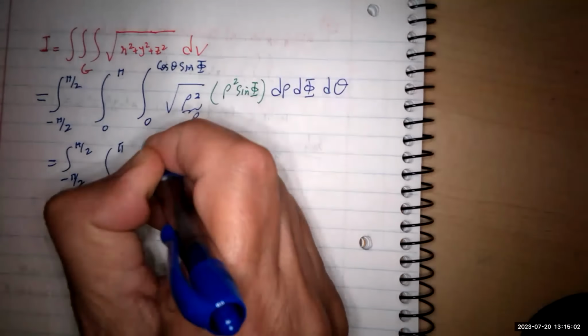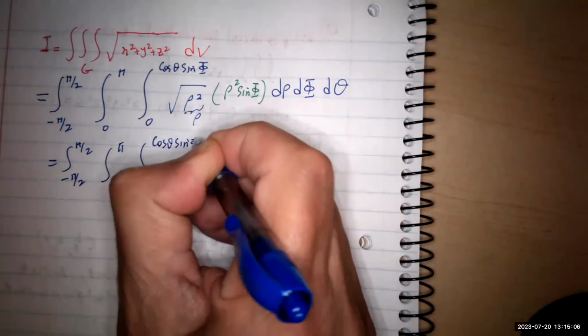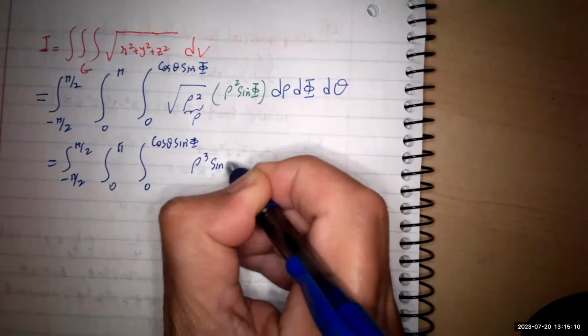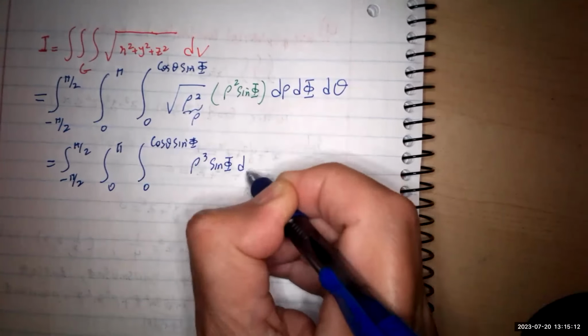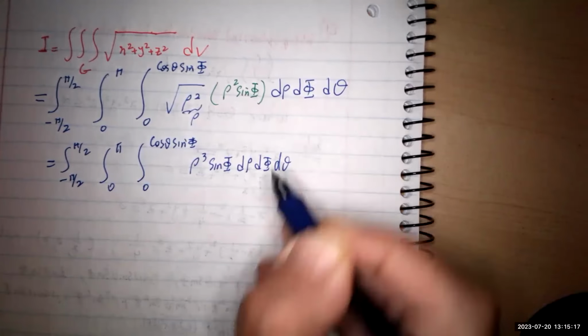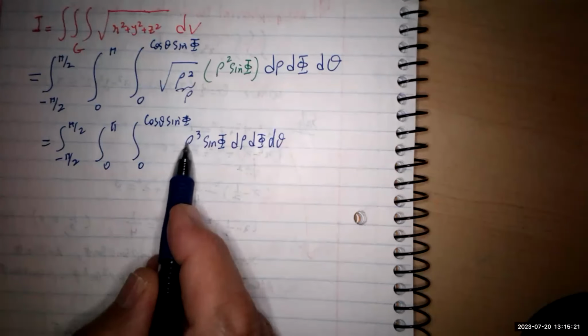So theta from negative pi half to pi half, rho from 0 to cosine of theta sine of phi. So this is going to be rho cubed sine of phi, d rho d phi d theta. Now if you do the rho, good luck. When you integrate it, that gives you rho to the fourth.